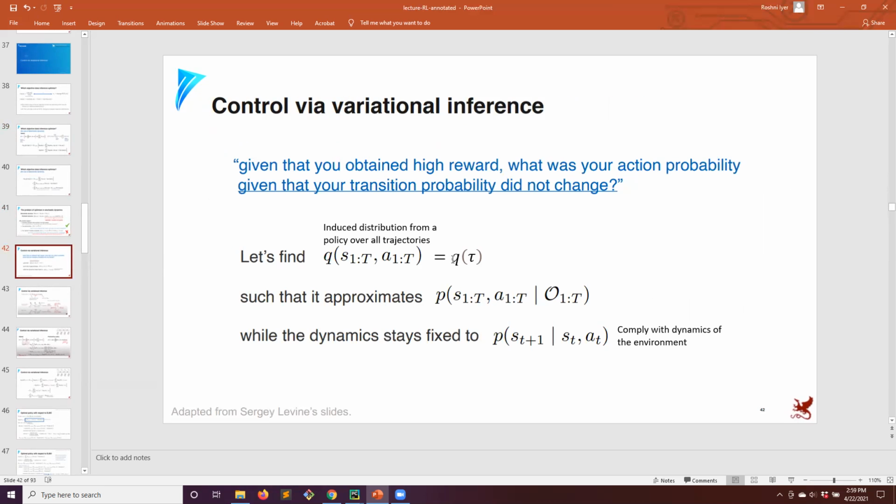But let one of them, let's call that q of tau, be defined as the induced distribution from a policy over all the trajectories. And we wanted to actually approximate this p of tau, which is the optimal policy, given that we have been acting optimally.